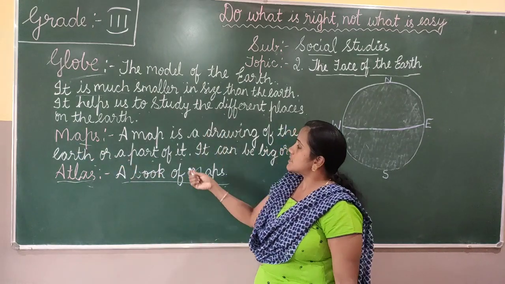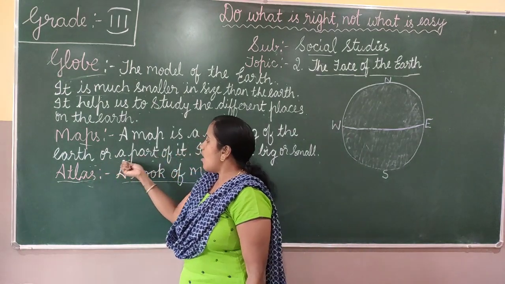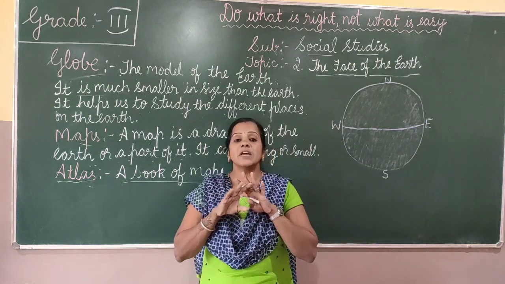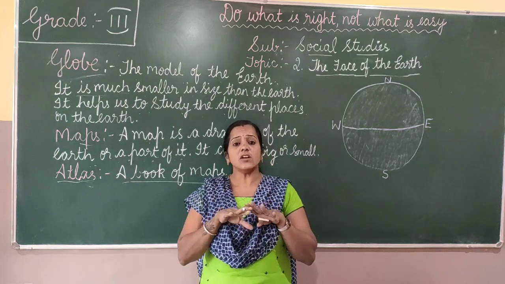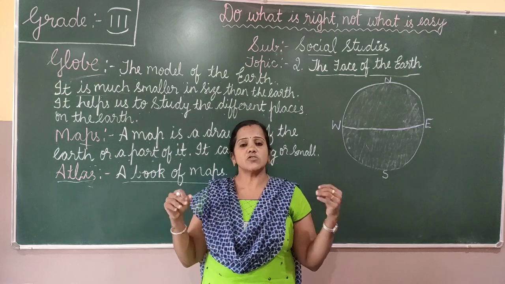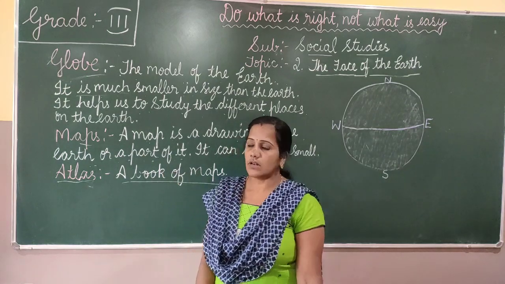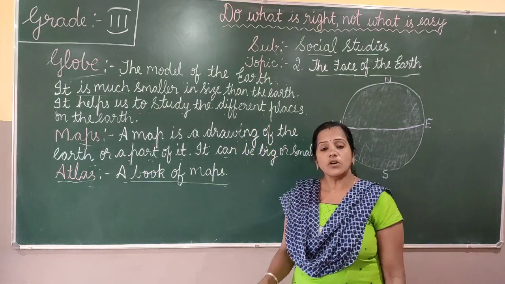And what are maps? A map is a drawing of the earth or a part of it. It can be on a flat paper or on a surface. These maps can be very big and also small.